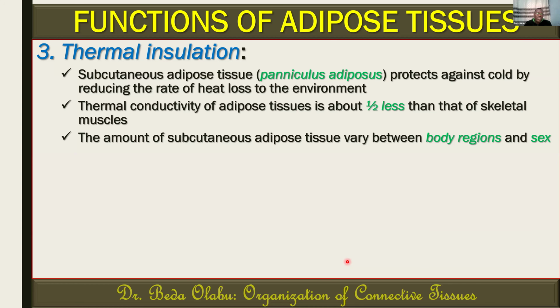And then there are some regions that will have less adipose tissue. Think about those areas that have very minimal subcutaneous tissue. Maybe eyelids, maybe scrotum, maybe forehead. So very minimal adipose tissue. And some regions have huge volumes of adipose tissue.